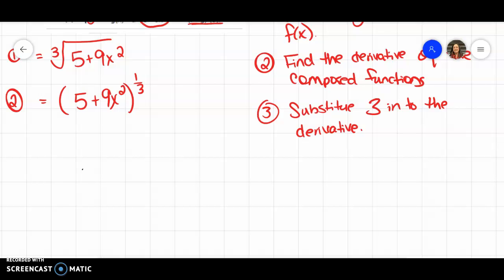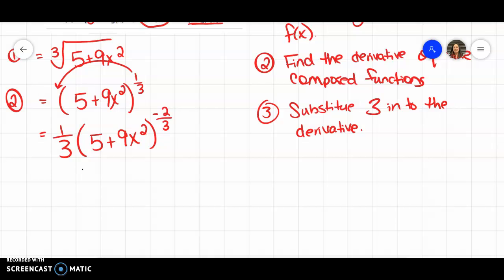My power rule tells me that I am using my chain rule with this, but the chain rule's kind of like, we call it our extended power rule. So I can bring that 1/3 out to the front. We're going to leave what I have on the inside there exactly the same. And remember your power rule, you bring that exponent out front, then you subtract 1 from the exponent. So that will now become 1/3 minus 1 gives me a negative 2/3.